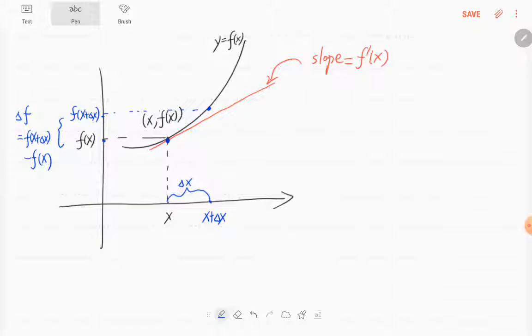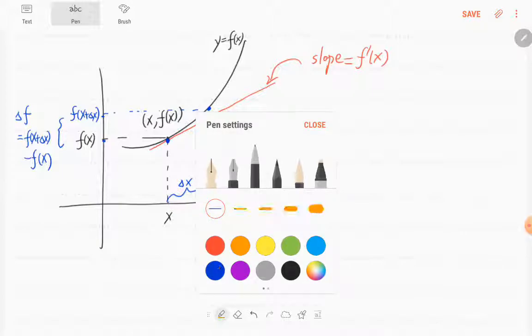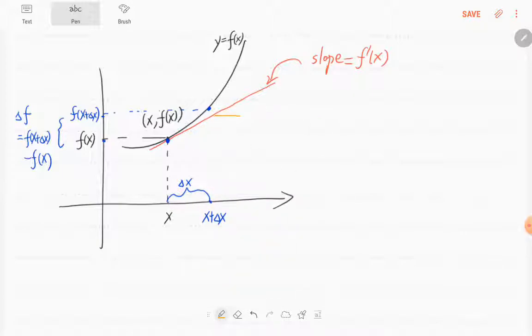Now let's look at this part. This is x plus delta x, and let's draw a horizontal line here. You can see this is a right triangle. If this is theta, what is tangent theta? Tangent theta is the opposite over the adjacent.